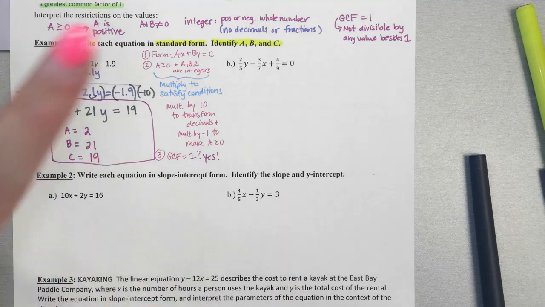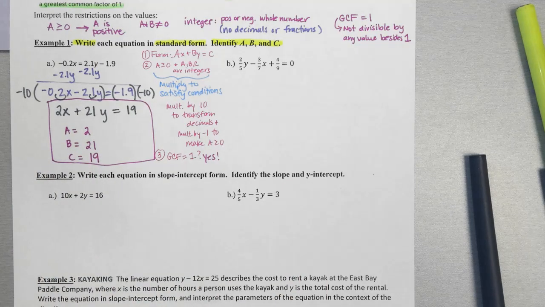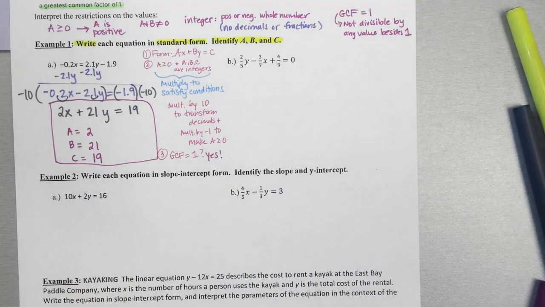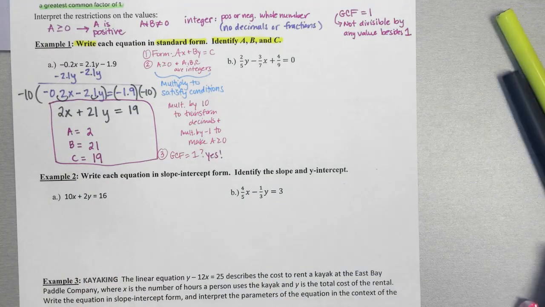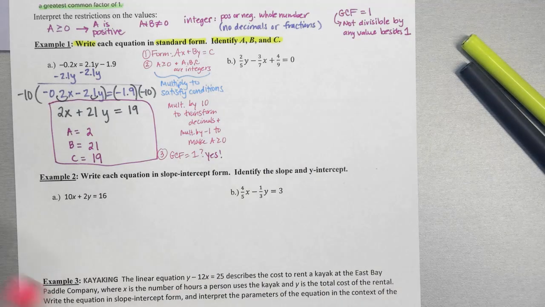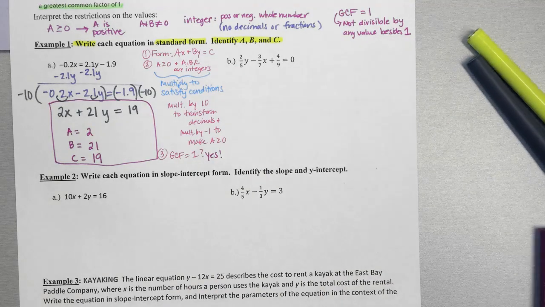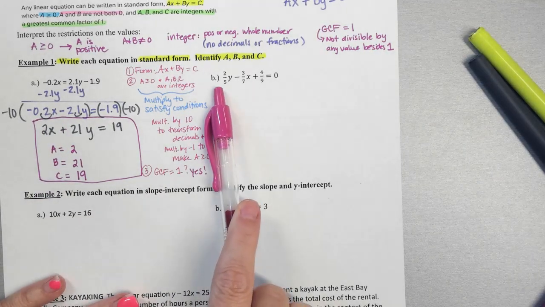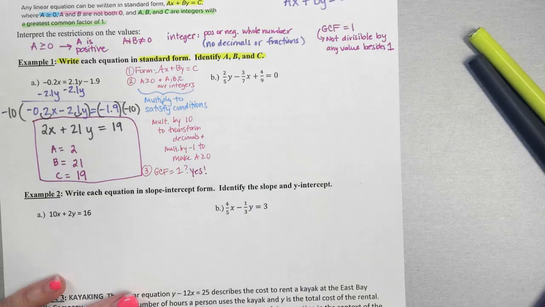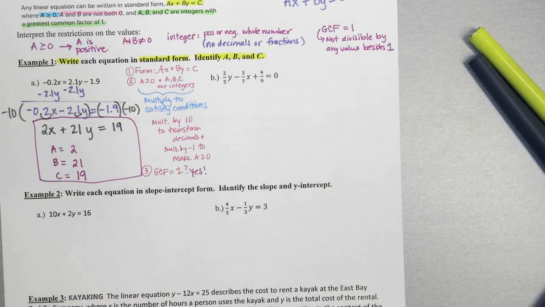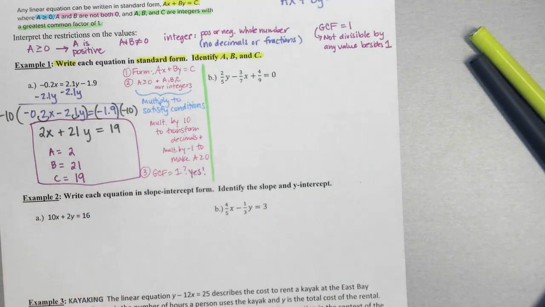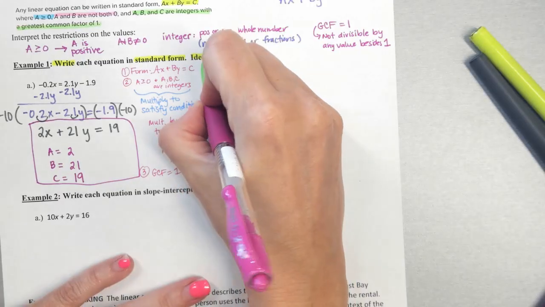Just so you know, on your notes, I did give you some more complex examples, ones where you had to manipulate them. So again, first step, all we're going to do is get this in the proper form. So you have x, you have y, and then you have your constant term. When you are doing your first step, we can rearrange things on one side, that's fine.